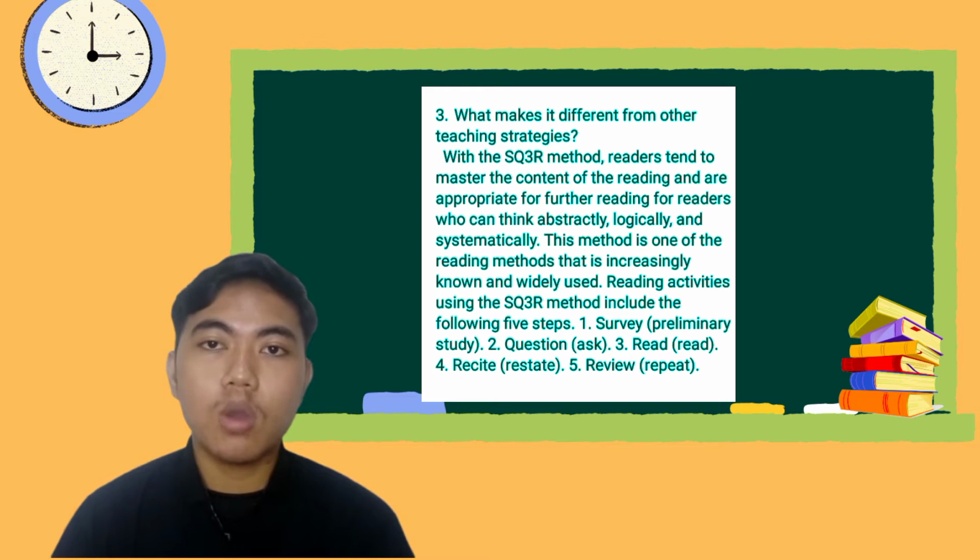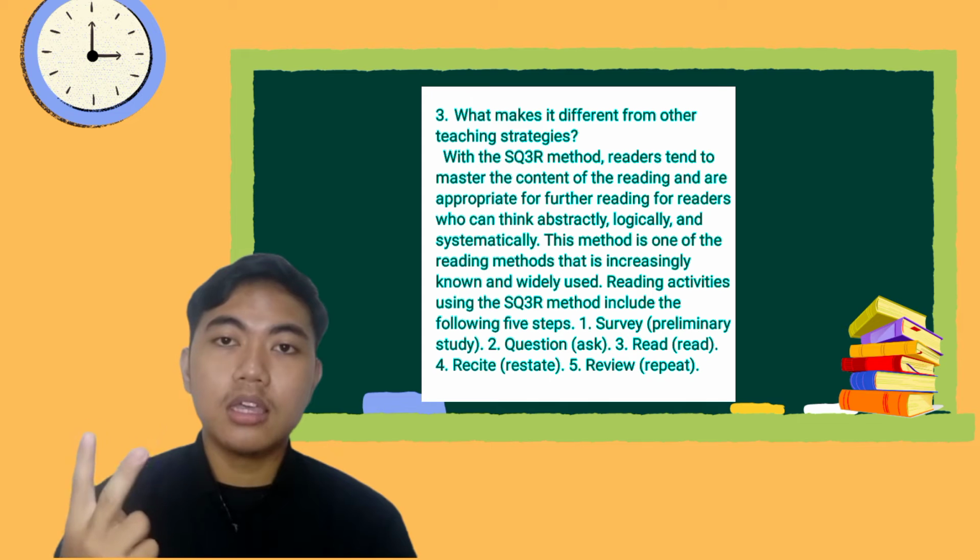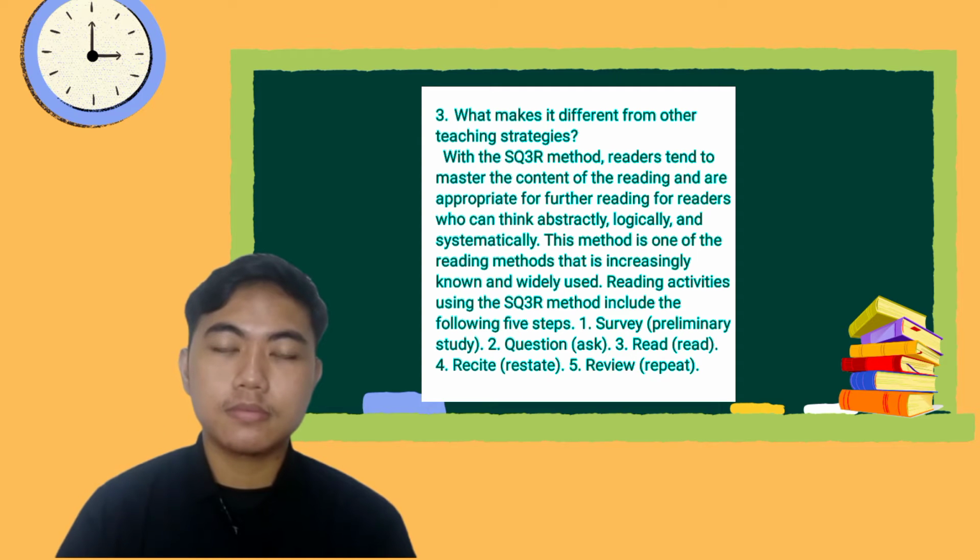This method is one of the reading methods that is increasingly known and widely used. Reading activity using the SQ3R method includes the following five steps: one, survey or preliminary study; two, question or ask; three, read; four, recite or retell; and five, review or repeat.